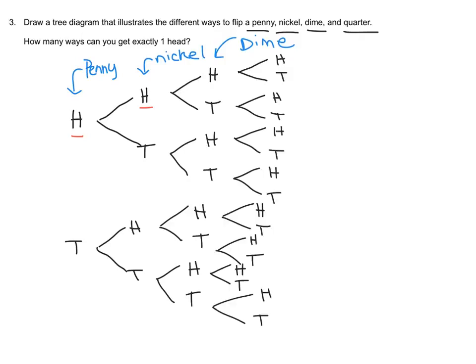Alright, so I just finished my fourth column, and this column represented the outcomes of flipping a quarter. Now I completed my tree diagram.